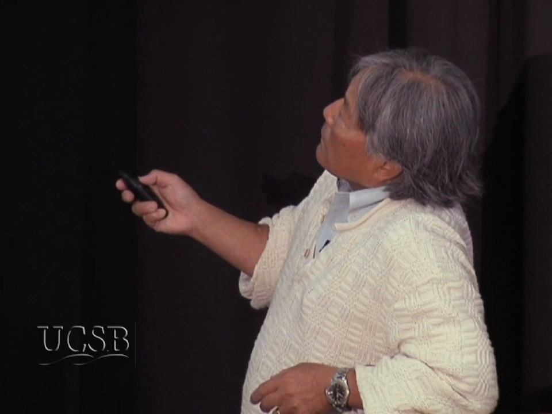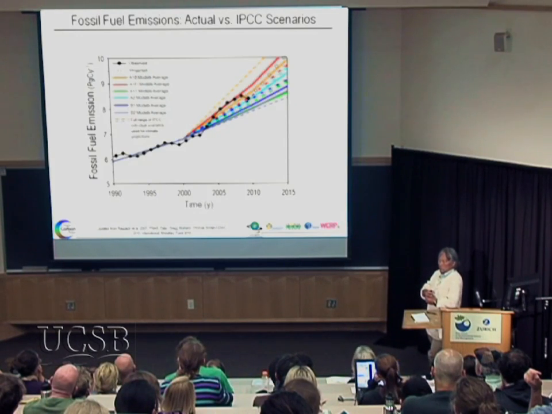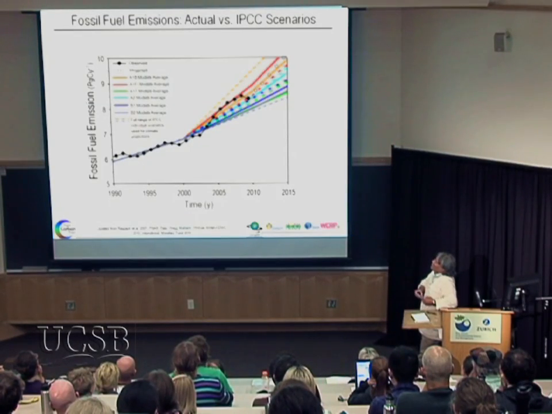And if you note this particular line, this A1B was considered an aggressive emission scenario in the sense that, as they developed this in the late 1990s, early 2000s, this emission scenario thought this would be an upper bound, that because of efforts to reduce our emissions, to improve our conservation and efficiency, we would actually be below that line. And in fact, our emissions have tracked that A1FI line quite well.